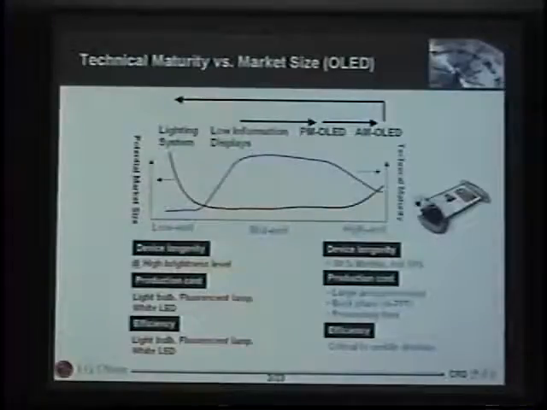But the degree of development on the low-end side is still delayed. For example, for OLED lighting applications, the device longevity, production cost and efficiency are still far below. Although the same situation exists on the high-end side, it is more serious on the low-end side.